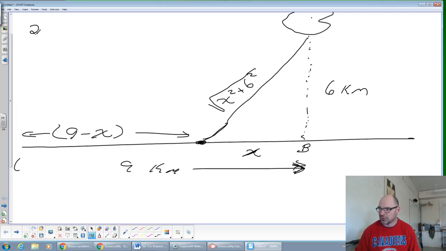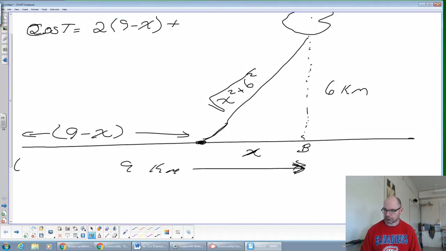So let's say cost equals $2 times this distance down the beach plus $2.50 by boat for this distance here, which we're going to write as X squared plus 6 squared to the power of 1/2, so that we can work it out.